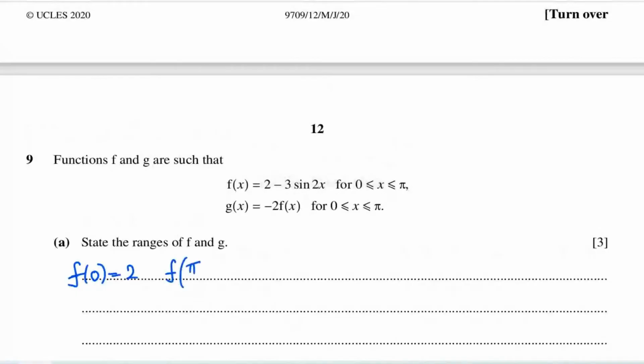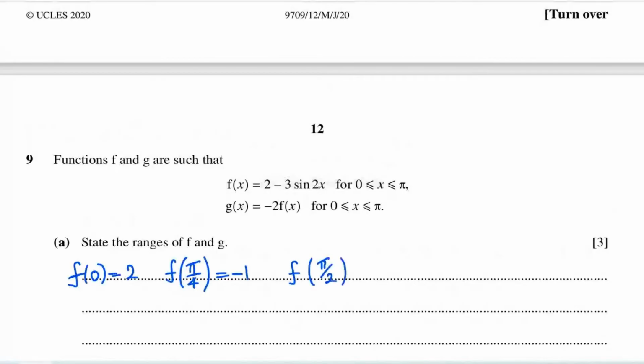And f of pi over 4 equal to, because I want to calculate what is sine 90, so to calculate that I am taking the value as x value as pi over 4. So I'll get sine 2 multiplied by pi over 4, that is sine pi over 2. So sine 90 is 1, so 2 minus 3 is negative 1, and f of pi over 2.